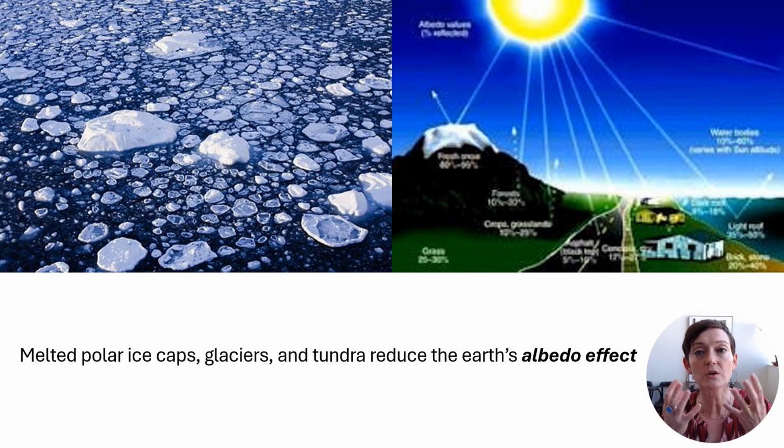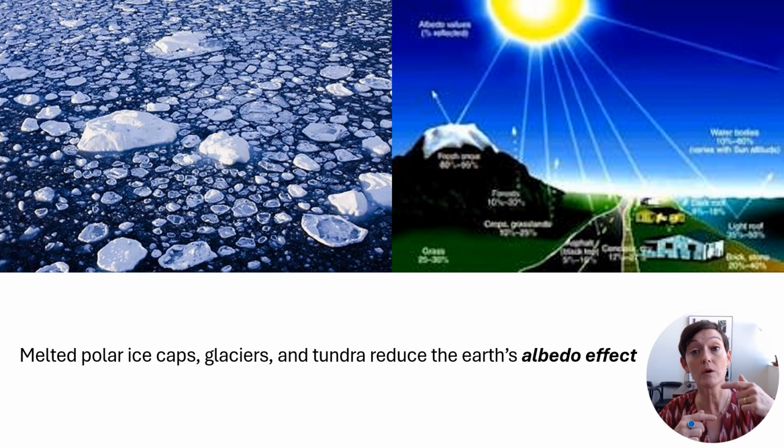So when we start to get the melting of all of this ice across the planet, then the planet becomes less able to reflect back the sun's rays, and it instead starts to absorb more of the sun's rays. So we get another feedback loop. By us heating the planet up, the planet itself starts to heat up more.